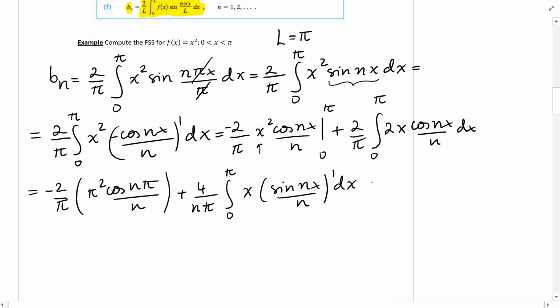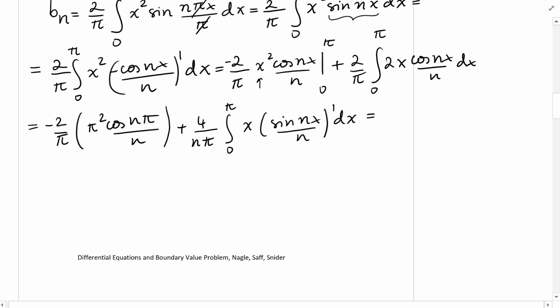That's actually giving us cosine of nx. So we get negative 2 pi over n cosine of n pi, and then plus 4 over n pi, parentheses, and use integration by parts.